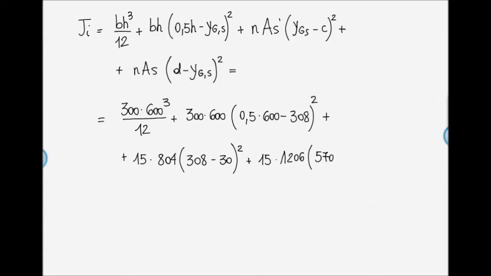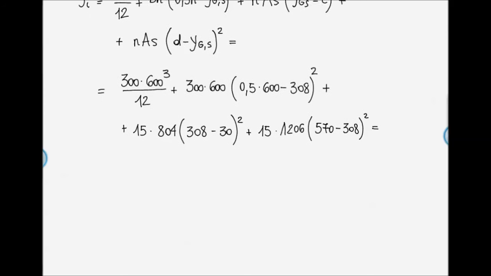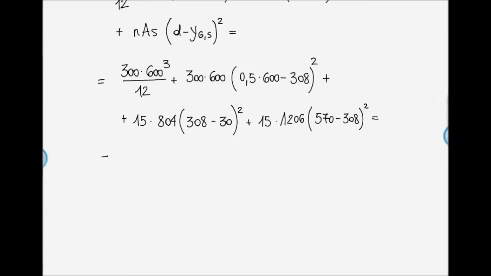So 570 minus 308 squared. So finally, we will obtain JI equal to 7,585 by 10 to the power of 6 millimeters to the power of 4.